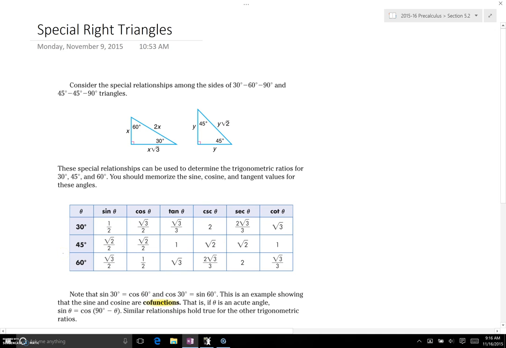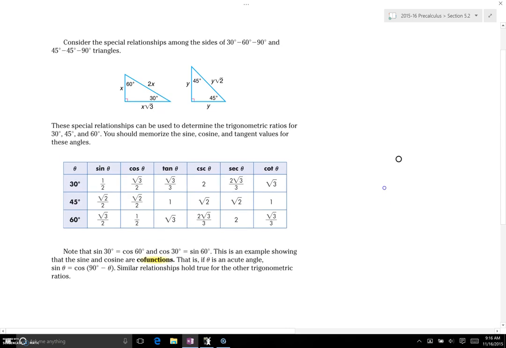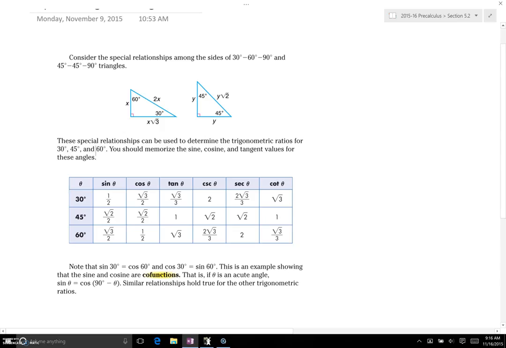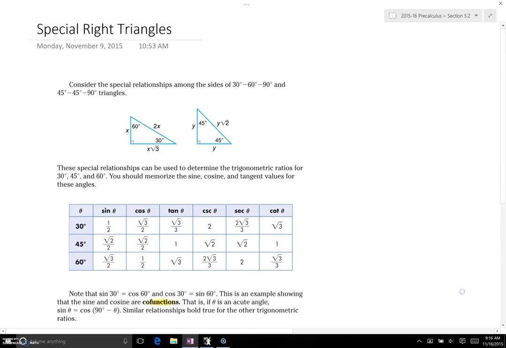And there's only a couple of numbers to know. You're going to want to become familiar with this table and how these special triangles behave. It'll make your life a whole lot easier in the next section when we start talking about the unit circle, which is based on knowing the values of the trig functions at those angles.